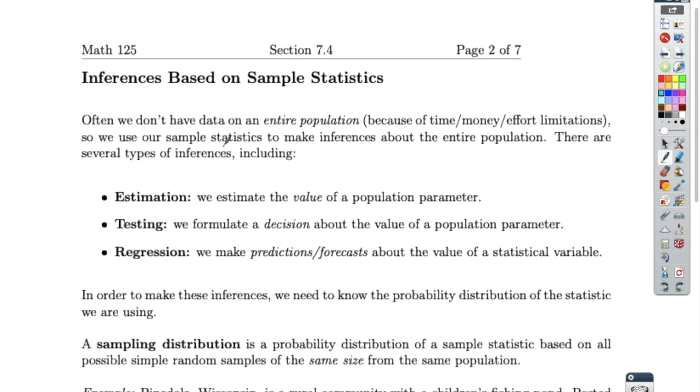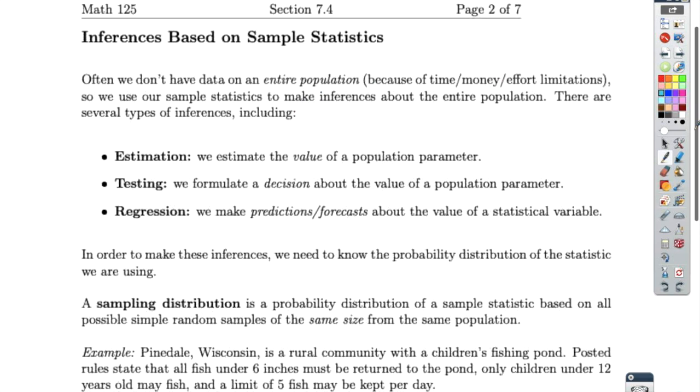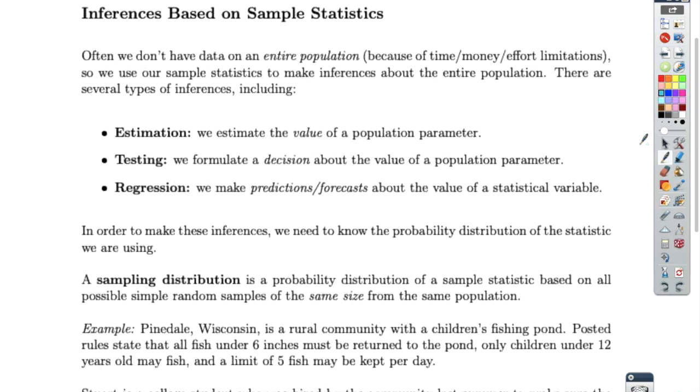Instead, we use sample statistics to make inferences and draw conclusions about the entire population. Maybe you send a survey to a smaller group of people instead of everyone on campus. As long as you have a representative sample, you can use the data that comes back to draw conclusions about your entire population.